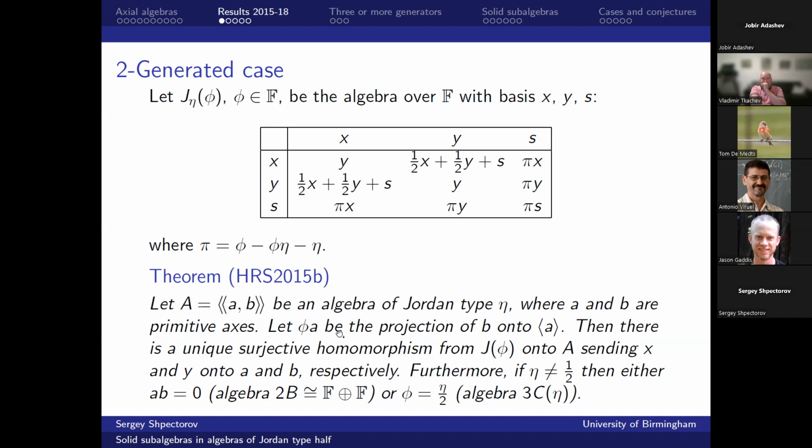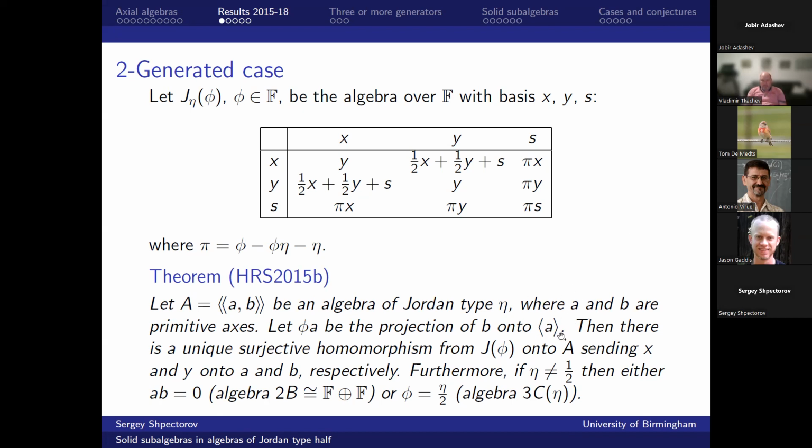And so the theorem is that if A is any algebra of Jordan type eta, which is generated by 2 primitive x's, A and B, let's define the scalar phi such that the projection of B onto the one space A is exactly phi times A. This is the one eigenspace.